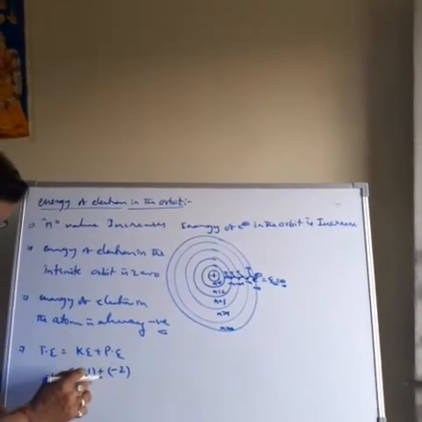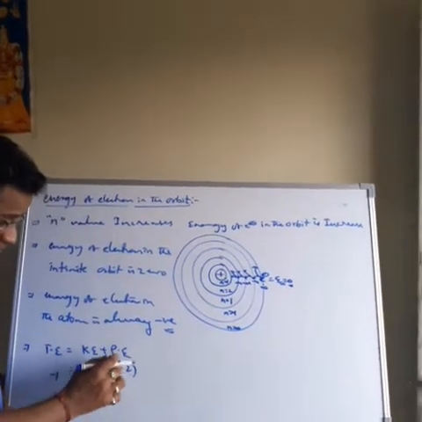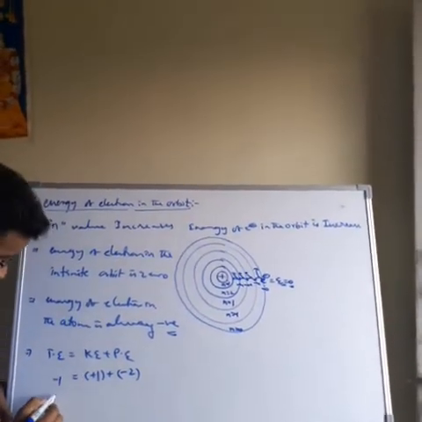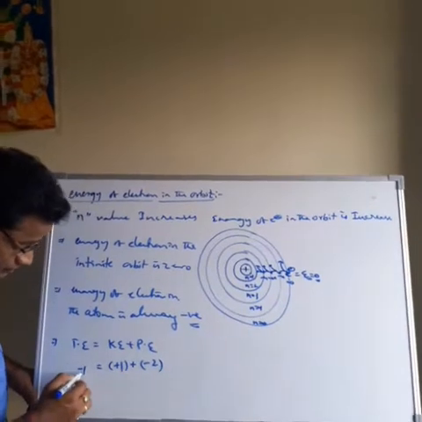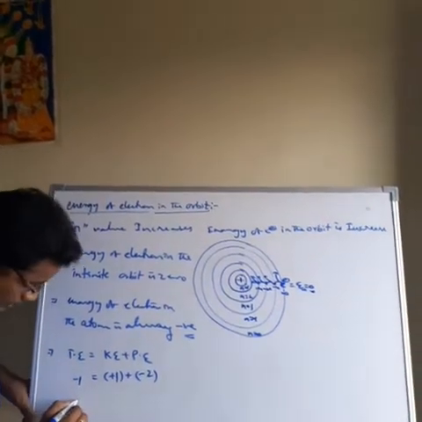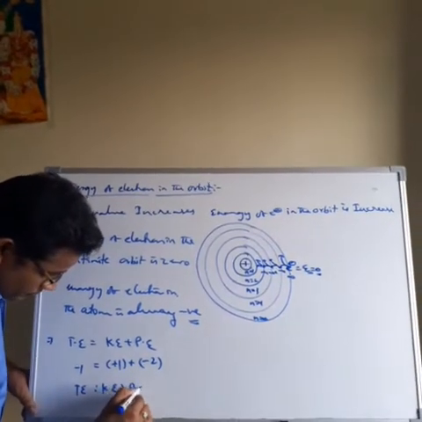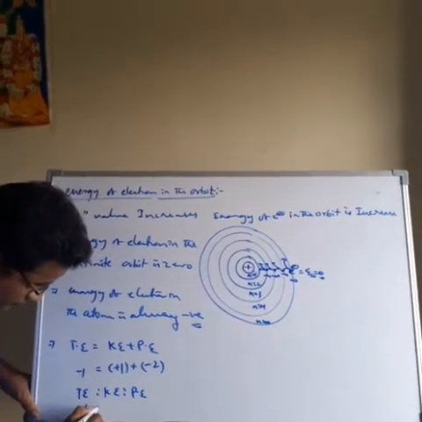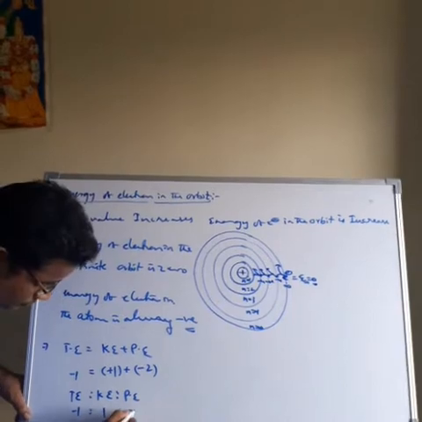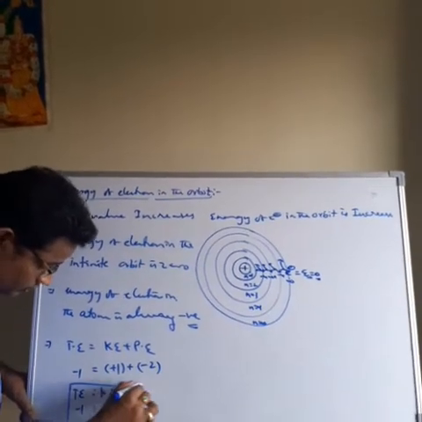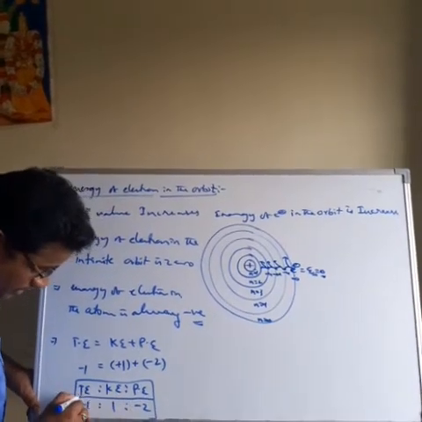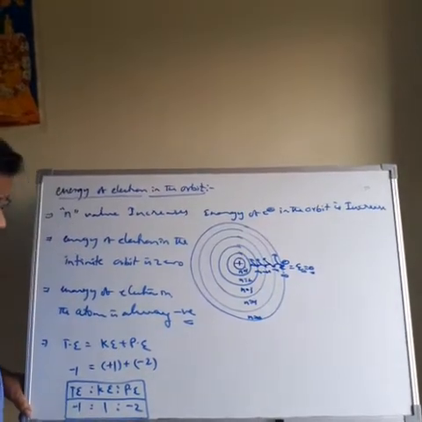Because kinetic energy is plus 1 and potential energy is minus 2. Then its value is 1 minus 2, it will come minus 1. The ratio of total energy, kinetic energy and potential energy is minus 1 is to 1 is to minus 2. This is the ratio of total energy, kinetic energy and potential energy.